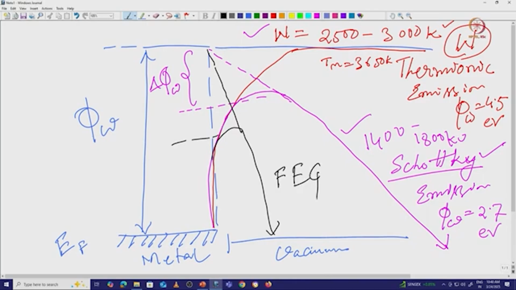We are going to discuss what components we have for Schottky and field emission, and how they differ from thermionic emission. But if we look here, the work function is much lesser for Schottky, and the field emission gun is much better than Schottky as well as the tungsten filament, giving us a more coherent electron beam.